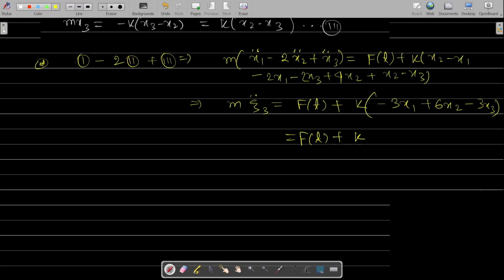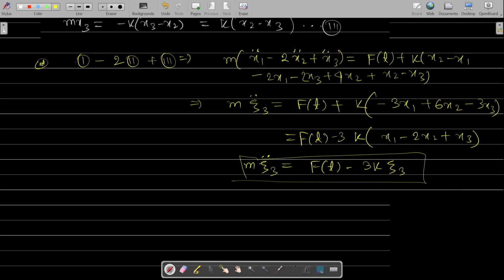Actually, we could just use the minus sign here: minus 3 times (x1 minus 2x2 plus x3). So this is nothing but, sorry, xi3. So this is uncoupled, and hence xi3 is indeed a normal coordinate, and we're done. This answers the first question.